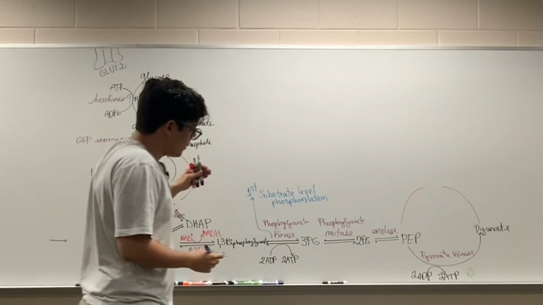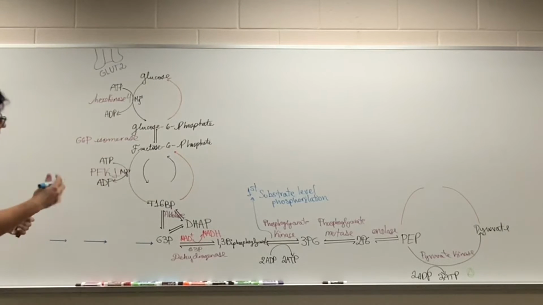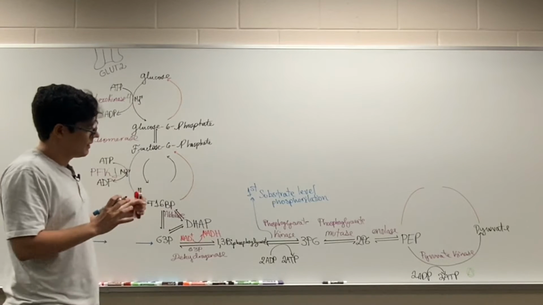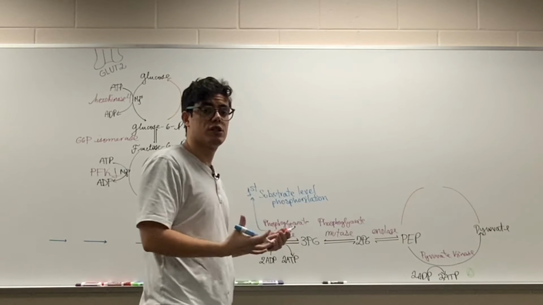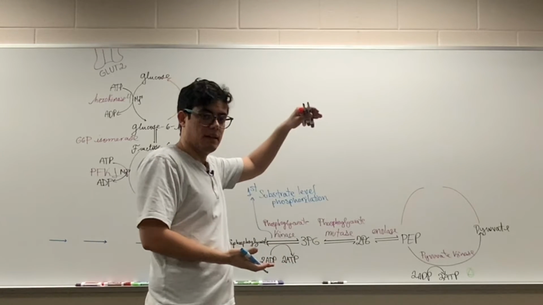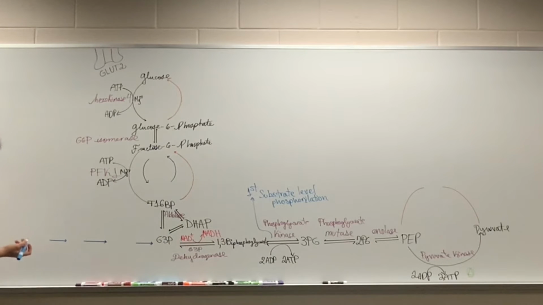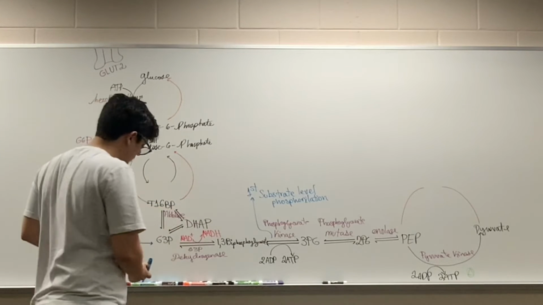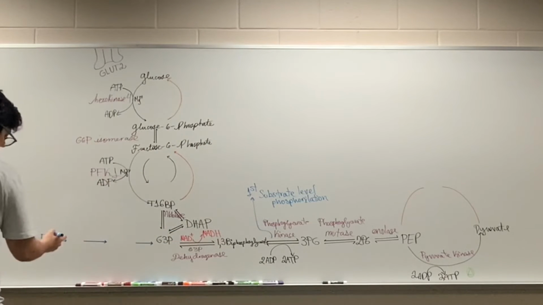So what happens is that if you have a deficiency in one of them, you're going to start to have accumulation of upstream intermediates. And one of them is fructose.